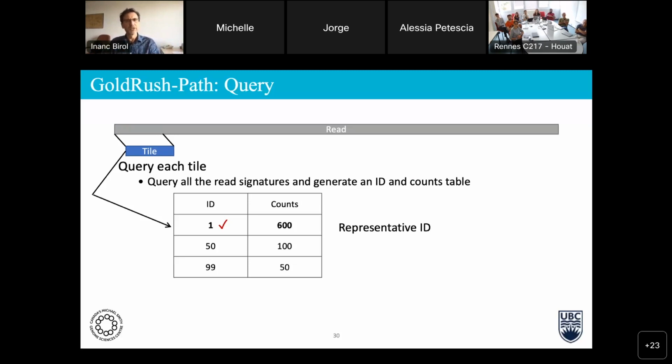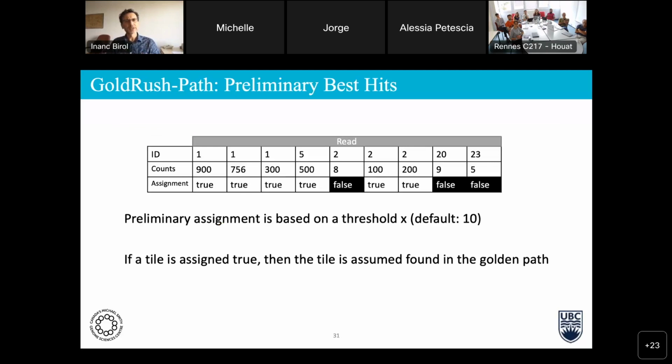That way, given a read, after interrogating the MyBF, we have assigned these IDs 1115, 222, 2023, with the associated counts. And we threshold those counts to say if they are assigned or unassigned.